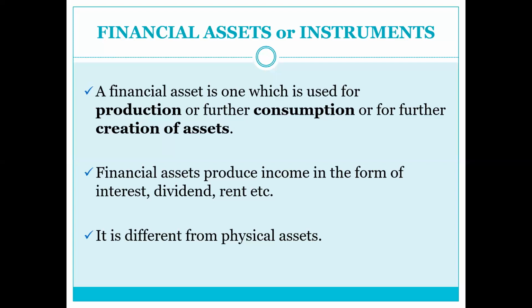Then it will be considered as a financial asset. So the purpose for which you are using an asset will determine whether it is a physical asset or a financial asset. If you're using it for personal use, if you're not planning to create any further income out of it, then it will be a physical asset. If you're using that asset for further production, or if you're generating some sort of income out of an asset, then it will be considered as a financial asset.